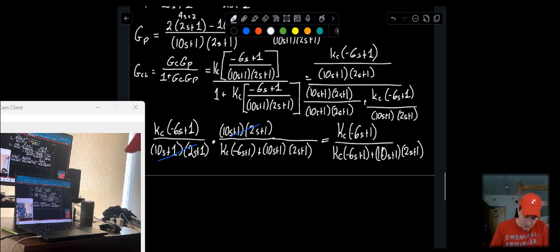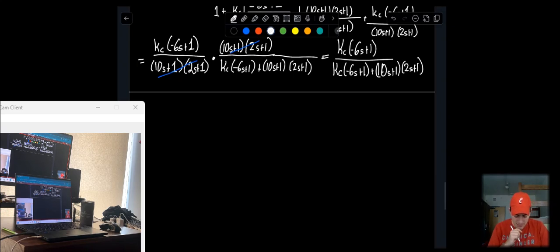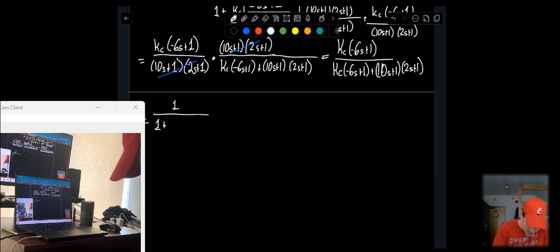So I think the next thing to do is to divide the top and the bottom by Kc negative 6s plus 1. And so when we do that, we're going to be left with 1 over 1 plus ns plus 1. Well, that would be what we were trying to do if we were looking to get it in standard form, right?